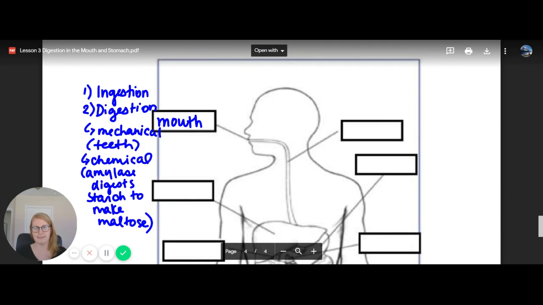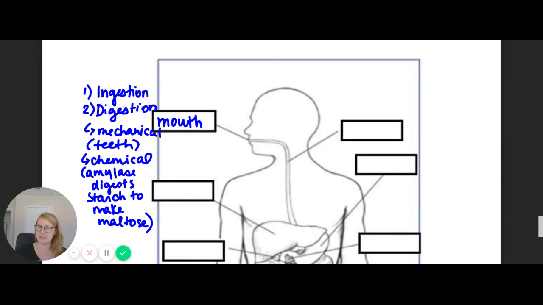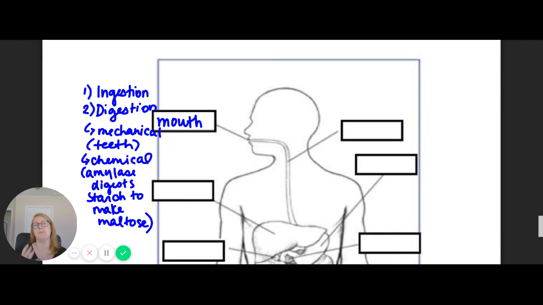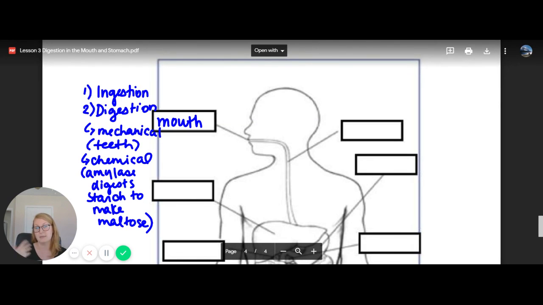So in the mouth, for example, we have ingestion, and we also have the beginning of digestion. Within digestion, we have both mechanical, which was our teeth grinding things up and using force to break it open, as well as chemical, which is use of enzyme to break chemical bonds. So here we would have amylase starting to digest starch and making it into maltose.